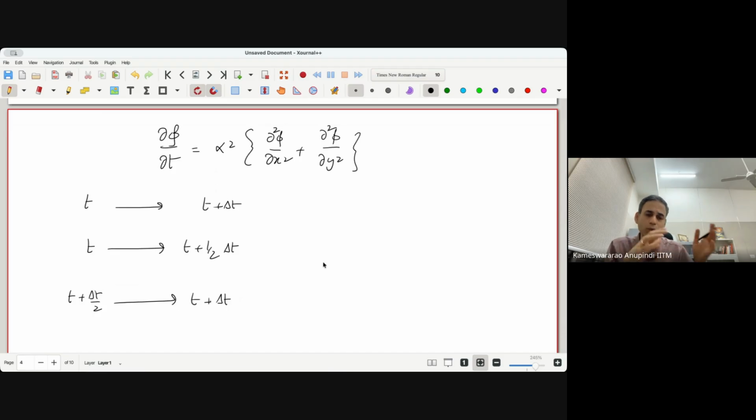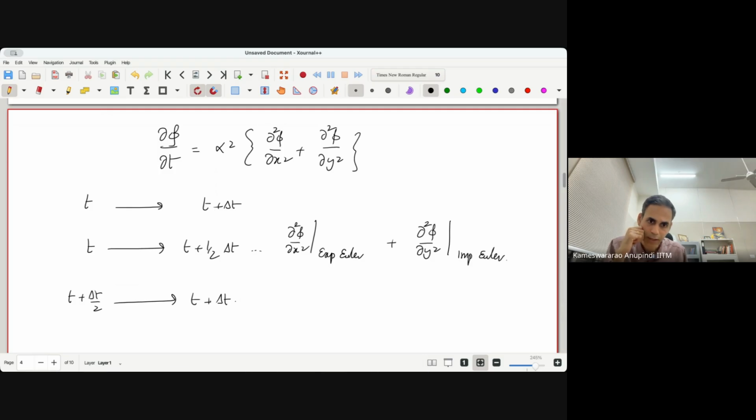What do we do in the first step? In the first step, we're going to discretize the dou square phi by dou x square term using explicit Euler, and then we discretize the dou square phi by dou y square using implicit Euler.